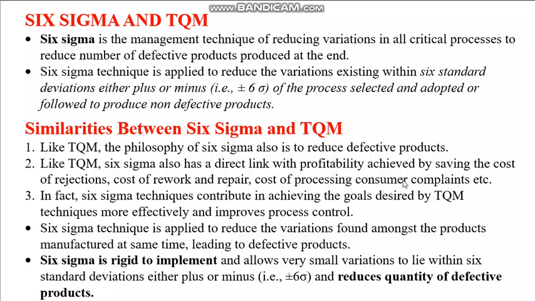See, when the defects come to zero or are drastically reduced, then all the expenditure that we incur because of the rejections, the rework, the repairs on the rejected parts, and the processing of consumer complaints can be reduced, and thereby the profitability increases.